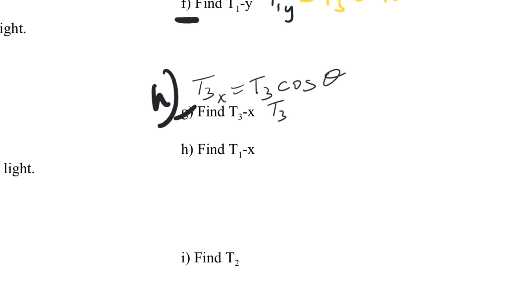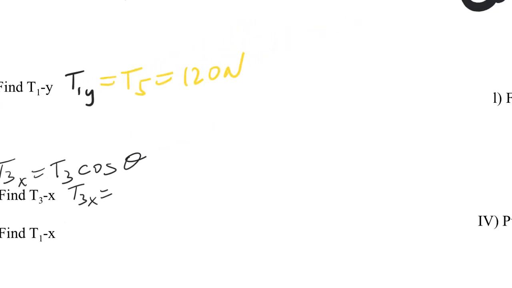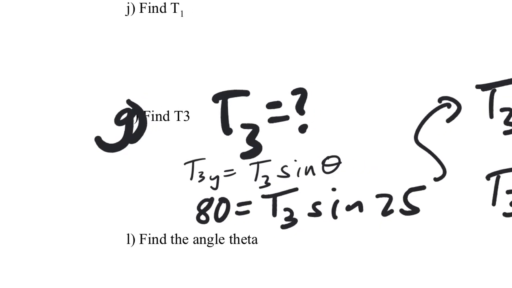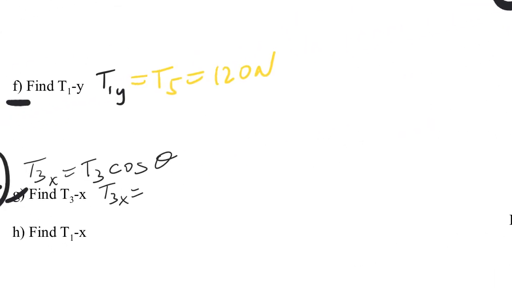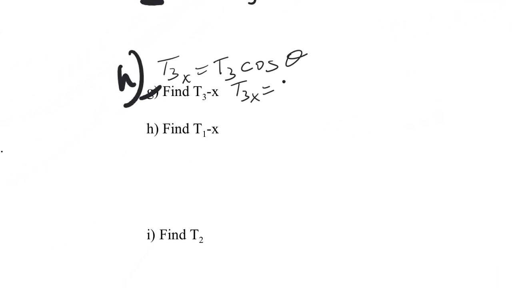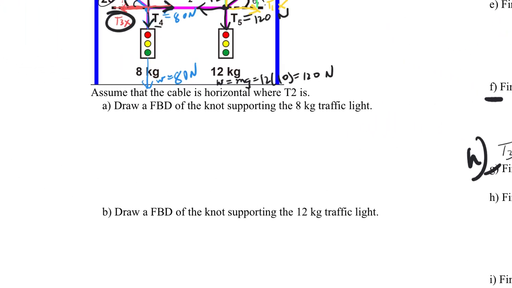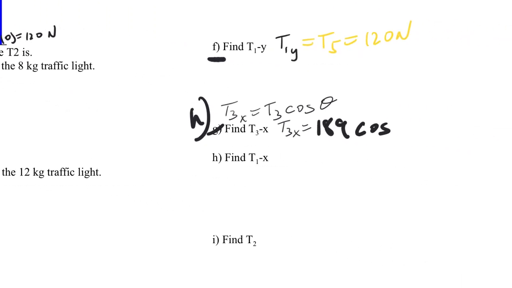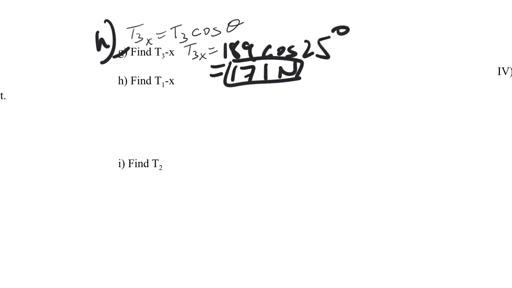So T3x is equal to T3, which is 189, we just found that, times the cosine of 25 degrees. That equals 171.29 newtons.